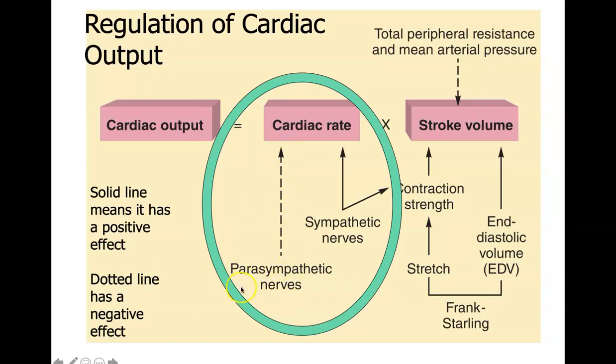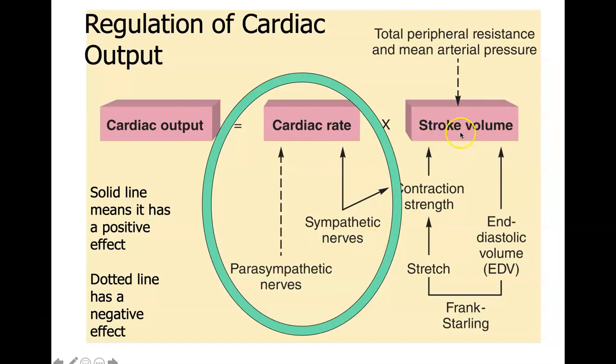So parasympathetic nervous system activity is going to decrease heart rate, while sympathetic nervous system activity is going to increase heart rate. Sympathetic activity can also increase cardiac output by increasing stroke volume. So in addition to increasing heart rate directly, it also increases contraction strength, which increases stroke volume. And now you have a greater effect on cardiac output of sympathetic nervous system activity.